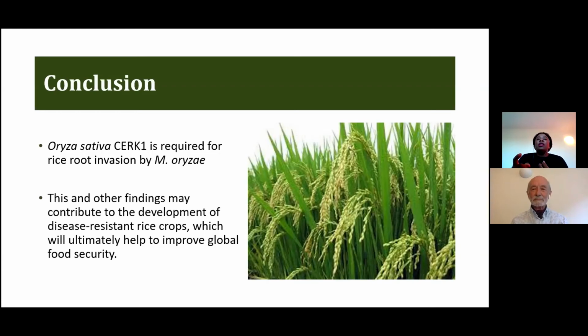And let me just mention that plant pathogens are very clever. In this case, what we are thinking is that it is possible that Magnaporthe, the blast fungus, finds a way to trick the plant into being a friend rather than a foe when it goes through the root. And the plant is not able to discern whether it's a bad guy or a good guy, so it kind of opens up for the pathogen.